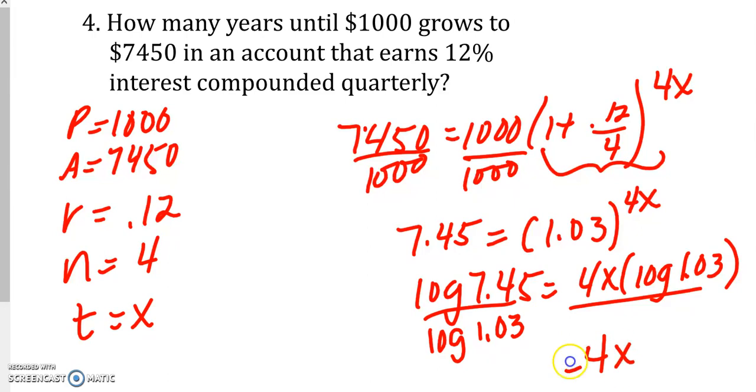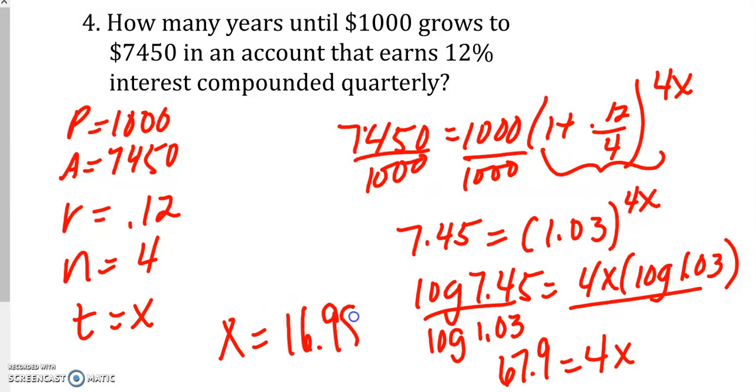Get 4x equals, and divide by 4. 16.9998, 16.98 years, 17 would be fine, depending where I asked you to round.